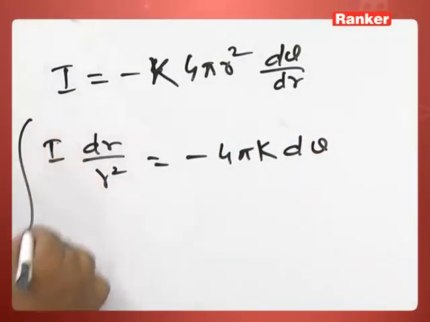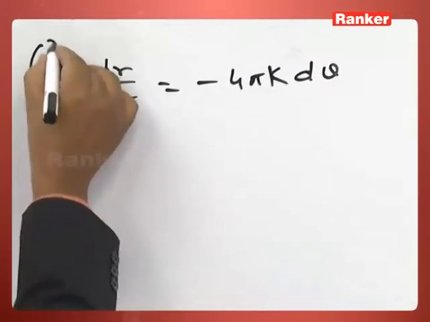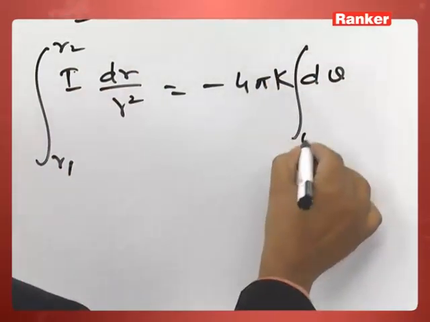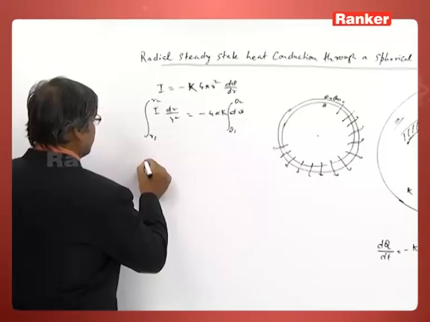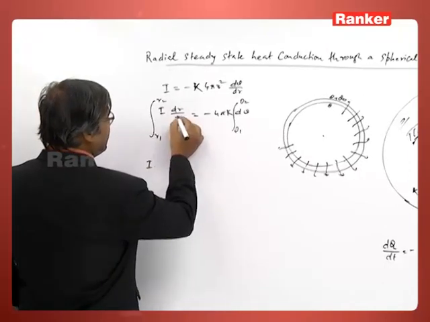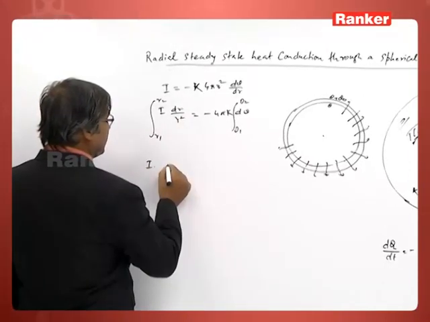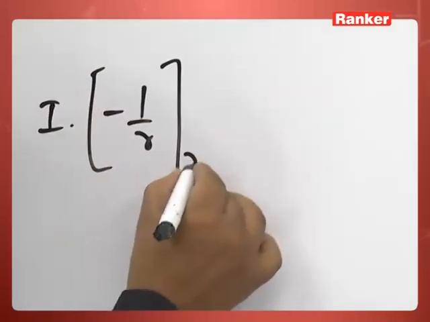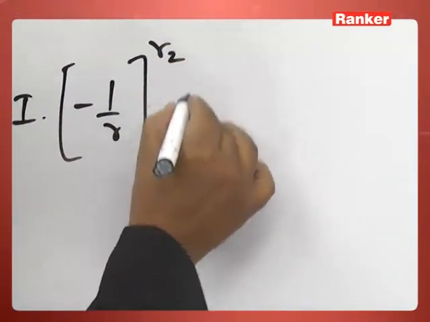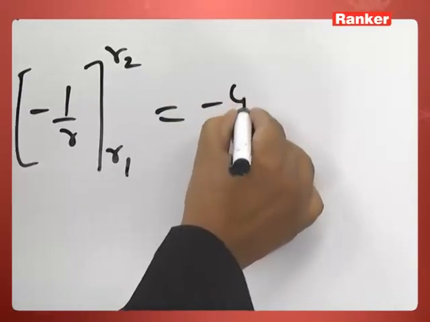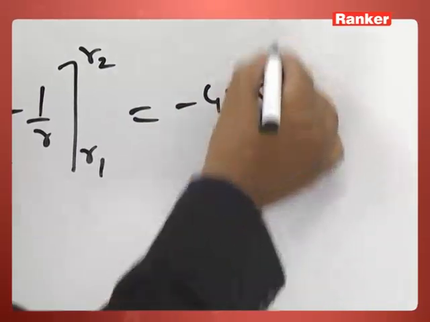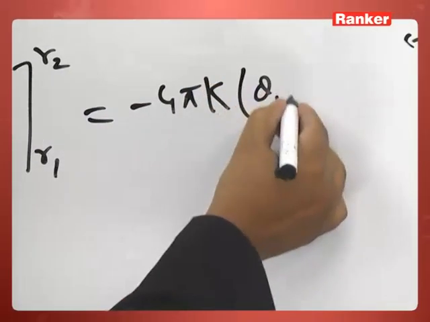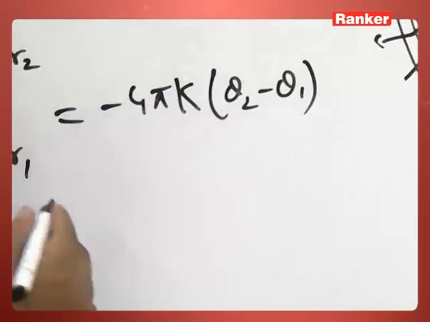Now, if I integrate both sides, r varies from r1 to r2, theta varies from theta 1 to theta 2. I dr by r square gives on integration minus 1 by r, from r1 to r2, equals minus 4 pi k times theta 2 minus theta 1.